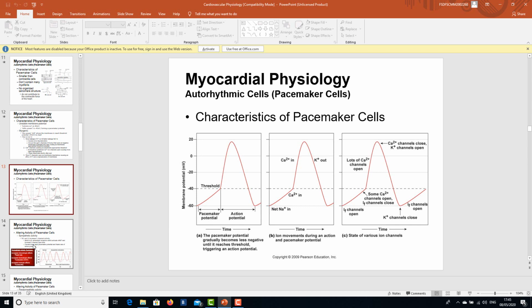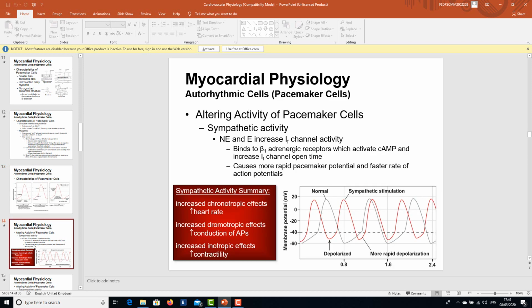Then in graph B, you can see the ion movements during an action and pacemaker potential, how it is going on. This is actually the story involving the calcium ion and potassium ion. Then there is the state of various ion channels. You can see this is how this rhythm in the heart is being produced, and how these pacemaker cells function.